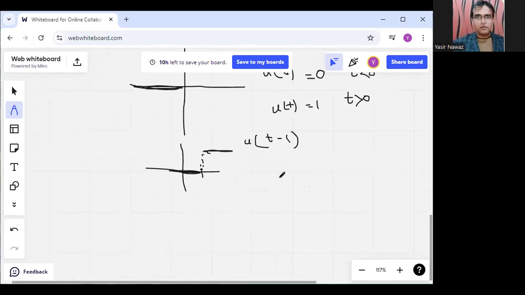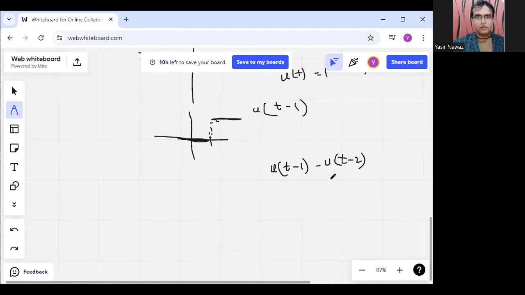Now if I use u of t minus 1 minus u of t minus 2, what is meant by that? These are two functions. One is translated 1 unit right, the other is reflected and also translated, because this minus sign before u is due to the reflection.